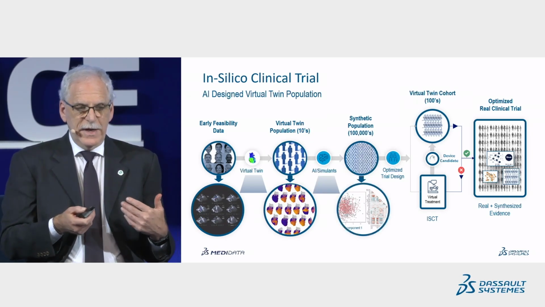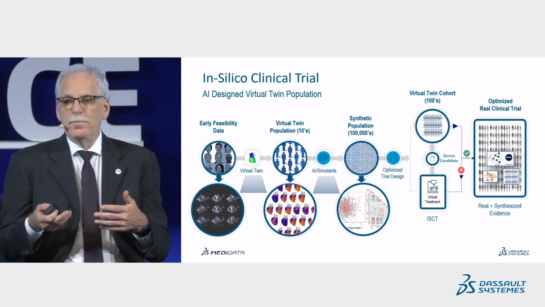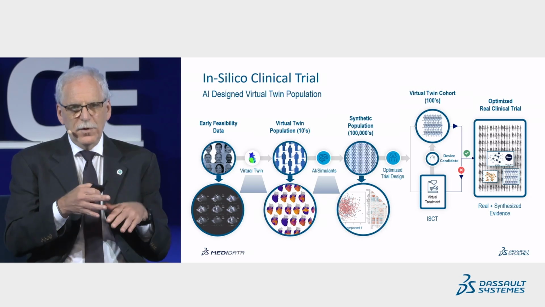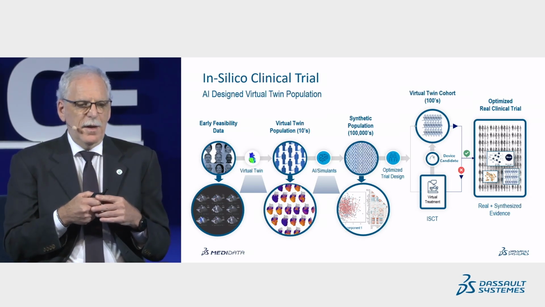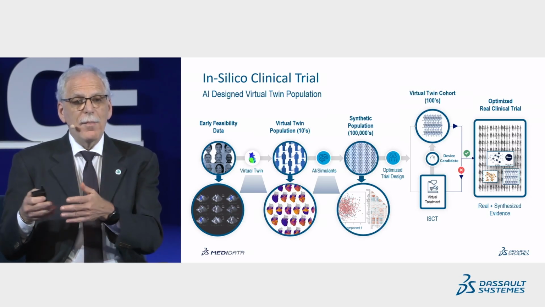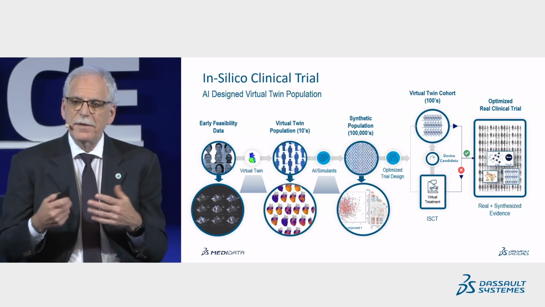And that was then used actually to feed an AI model, which then took the very complex, full-dimensional 3D model of the heart and represented it in a very rapid AI model that you could then use to generate thousands, hundreds of thousands, because it only takes seconds at that point.